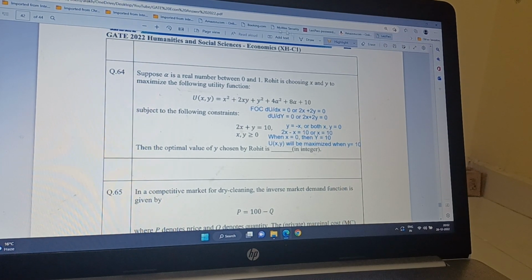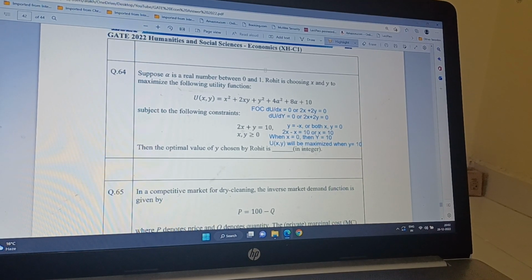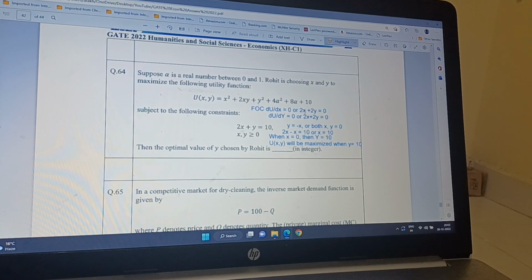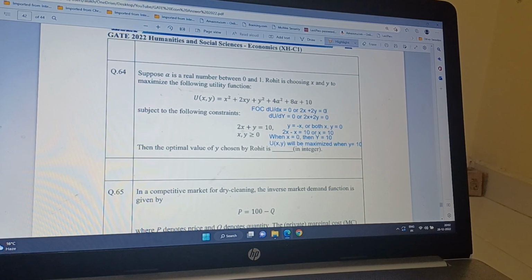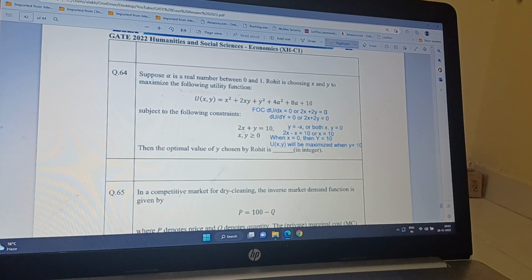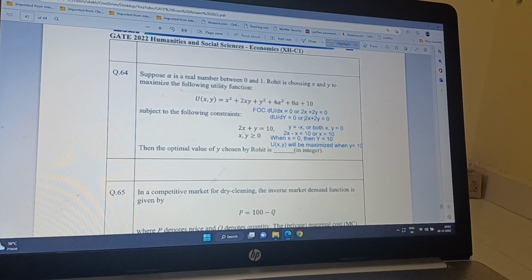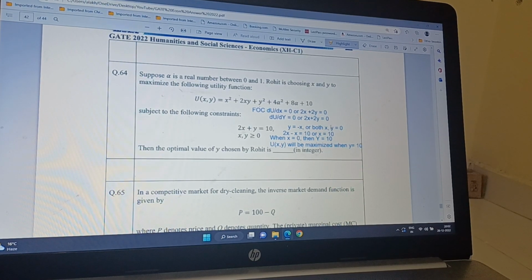Now, to maximize the utility function with respect to x and y, we take the first order condition. So the first order condition says dU/dx is equal to 0. So this gives 2x plus 2y is equal to 0. And dU/dy is equal to 0. That also gives 2x plus 2y is equal to 0.